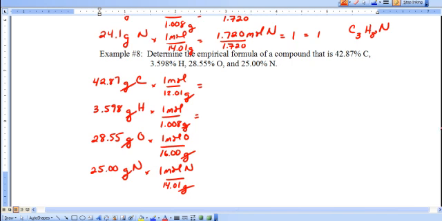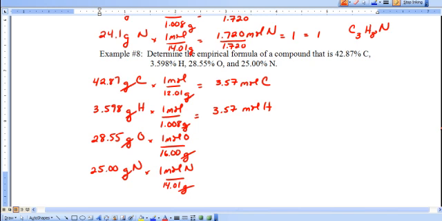42.87 divided by 12.01 gives me 3.57 moles of carbon. 3.598 divided by 1.008 is going to give me 3.57 moles of hydrogen.